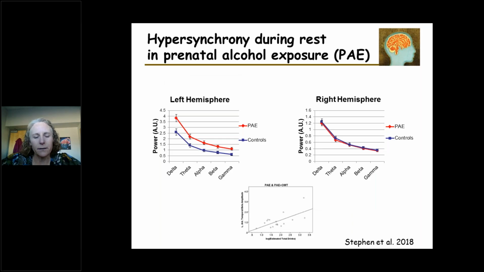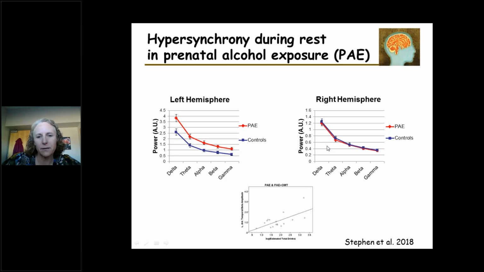So we found quite significant differences in the left hemisphere in our individuals with prenatal alcohol exposure. In this case, we saw differences across the different frequency bands, and we did not see a difference in the right hemisphere.